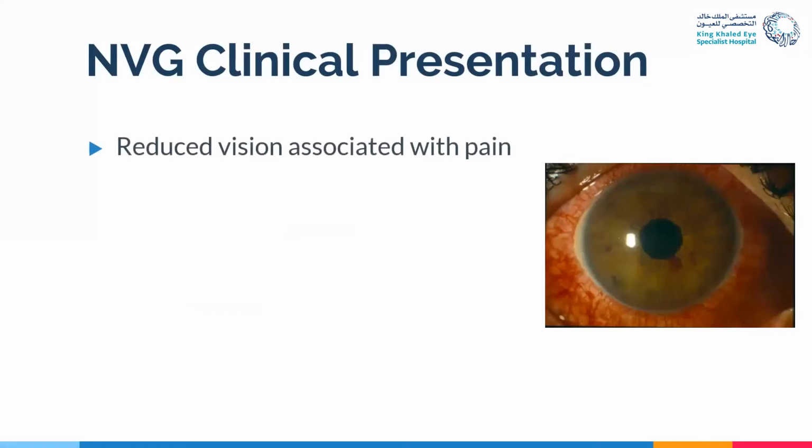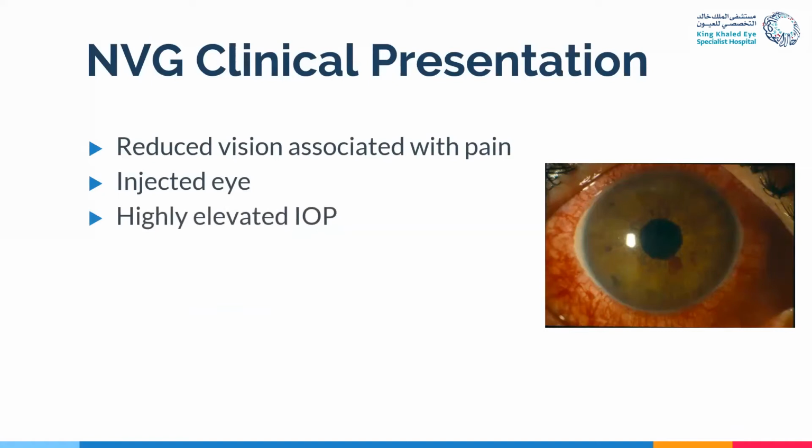So what is the clinical picture or presentation of neovascular glaucoma? Of course, reduced vision associated with pain, which can be expected due to corneal edema and retinal problems, an injected, very red eye, as you see, and highly elevated intraocular pressure. Here the cornea is clear.